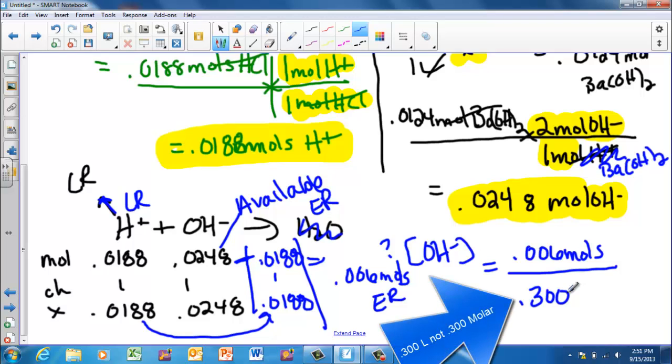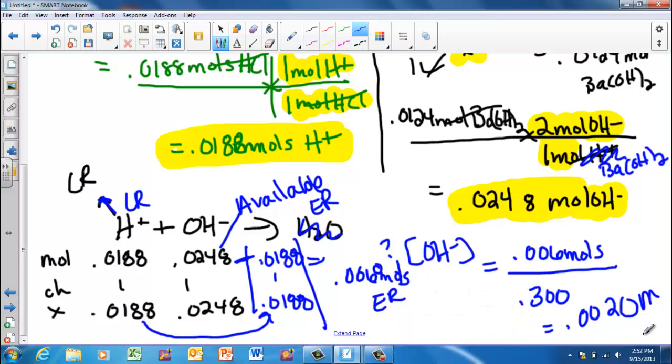We take those, and we end up with 0.006 divided by 0.300, which is 0.020 molar. That would have been 2 sig figs for the subtraction, 2 sig figs here, and it would be molar of hydroxide, and that is my final answer.